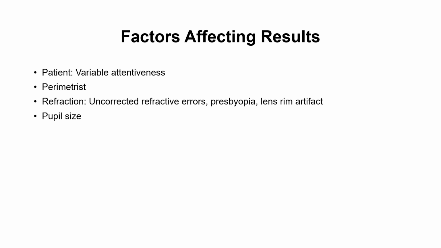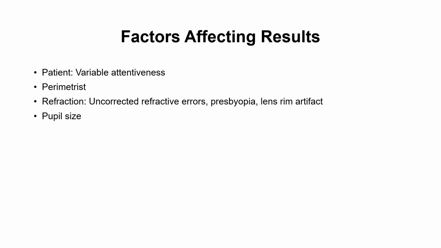Also the refraction: please always correct the refractive error. If the patient has refractive error and you didn't correct it, the patient will surely have reduced visual field loss. So please correct the refractive error. Also consider presbyopia.